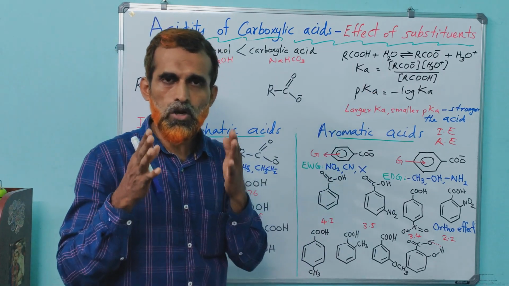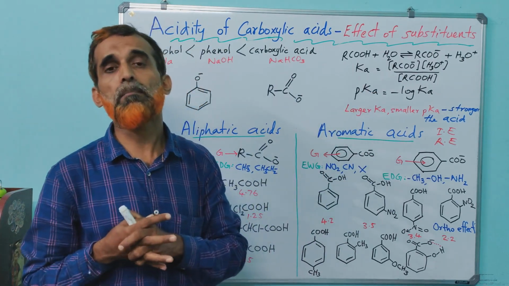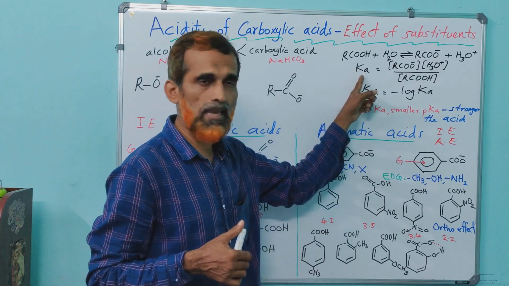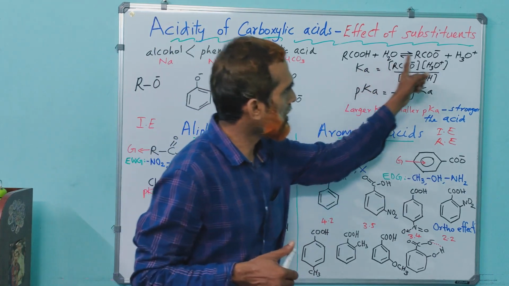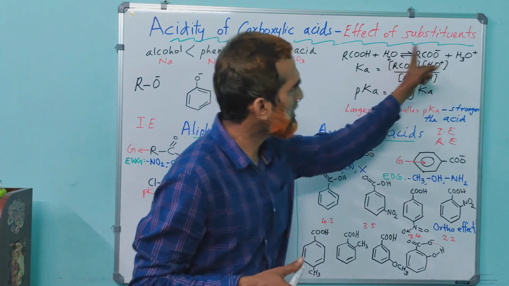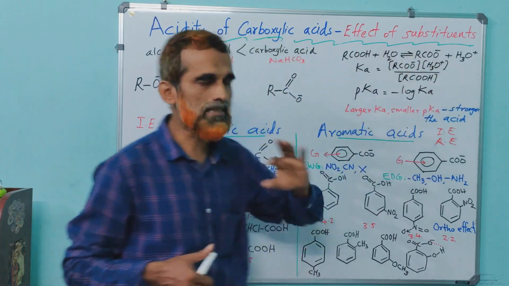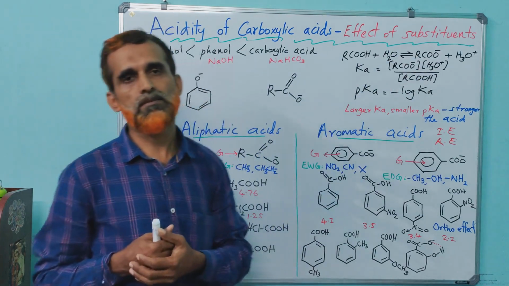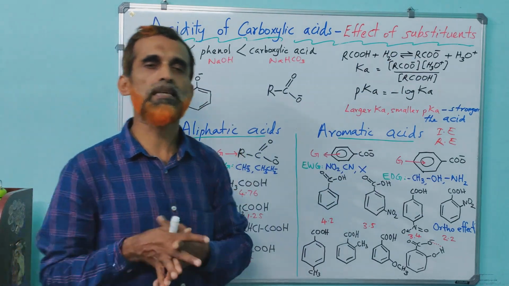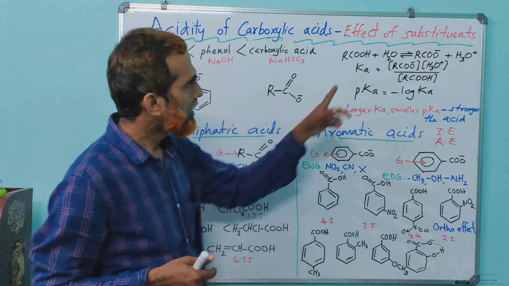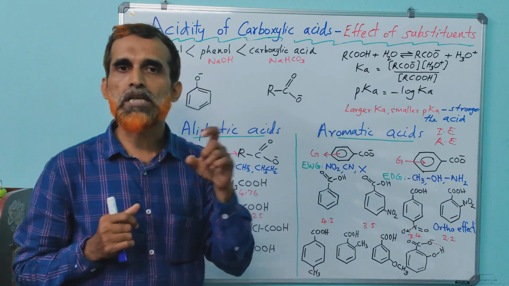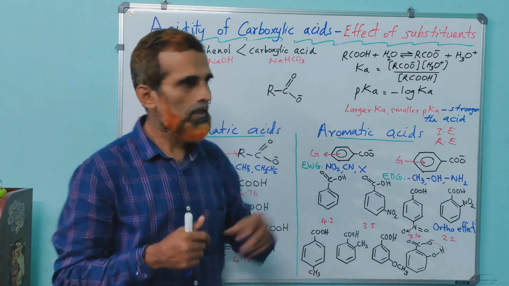The quantitative measure of acidity is given by what is called the acid dissociation constant, or Ka, which is the ratio of the concentration of the product, this one, by the reactant. The molar concentration of water is neglected because it's the solvent present in large excess. So the value of Ka indicates the strength of the acid. What is the relation?